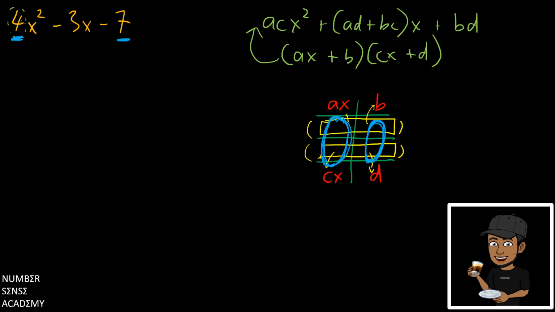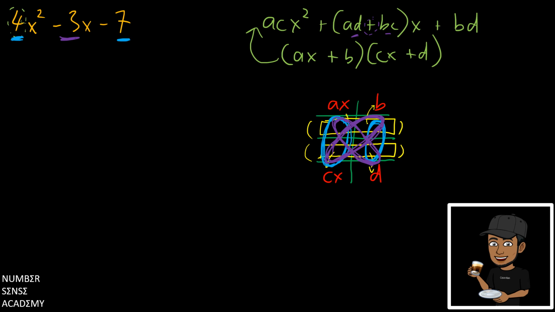Okay? The last part, which is where it gets a little bit wonky, is that if I take these two numbers and I multiply them based on this, and I take these two numbers and I multiply them based on that, and then I add them together, I'm going to end up with -3.